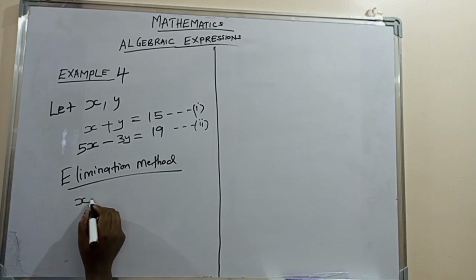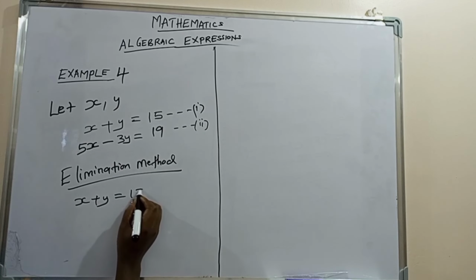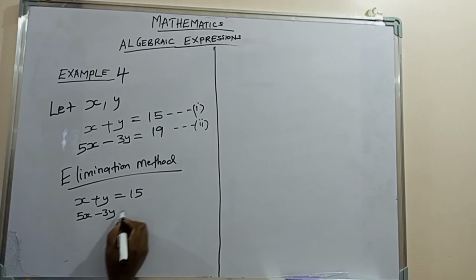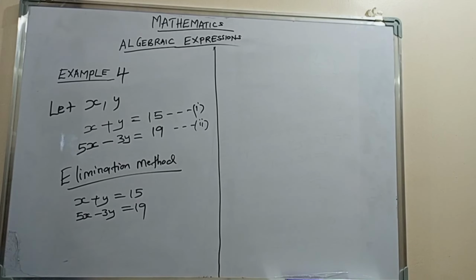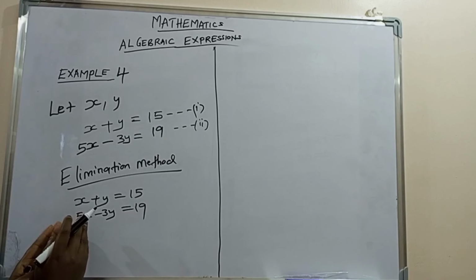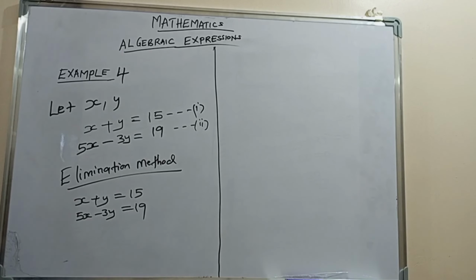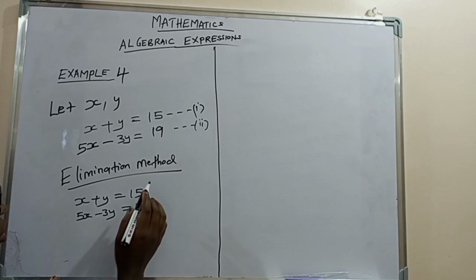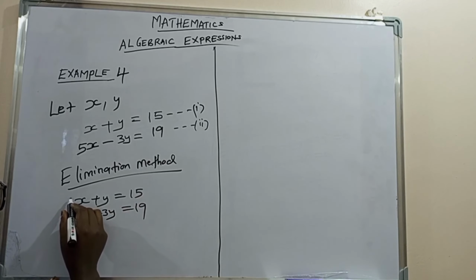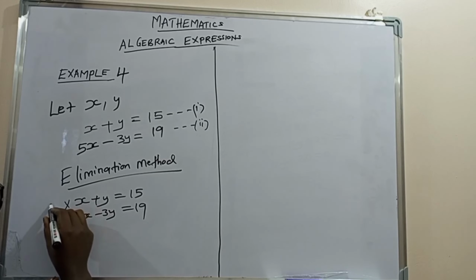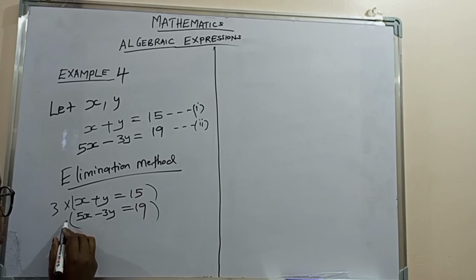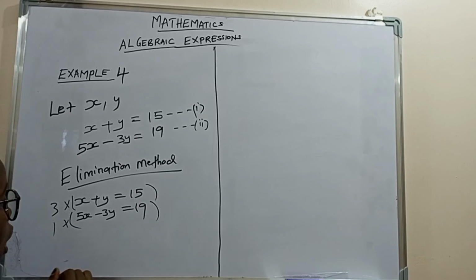So we have x plus y is equals to 15. 5x minus 3y is equals to 19. We want to eliminate one column, so that we remain with one unknown. So in our case, we're going to multiply this side by 3 and this side by 1.